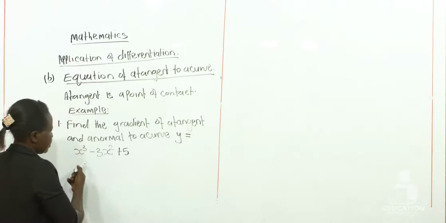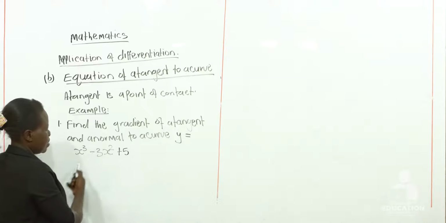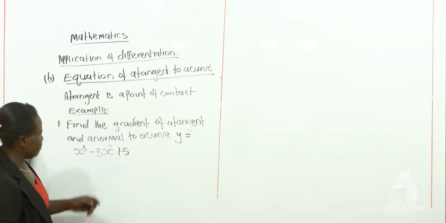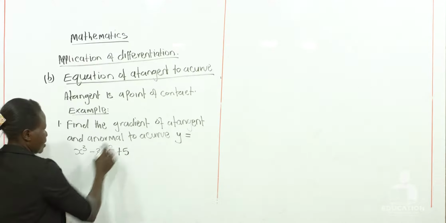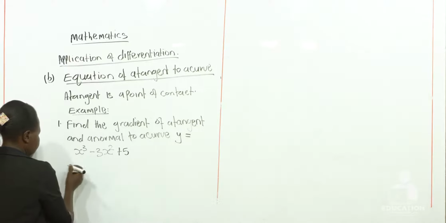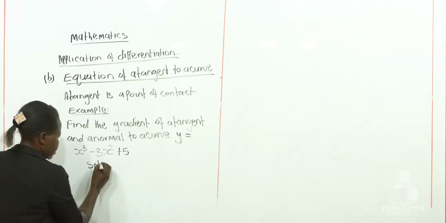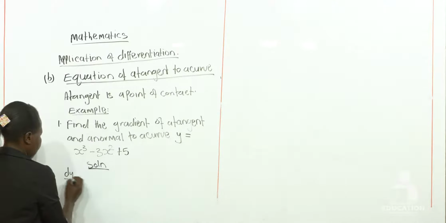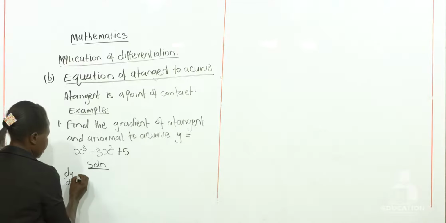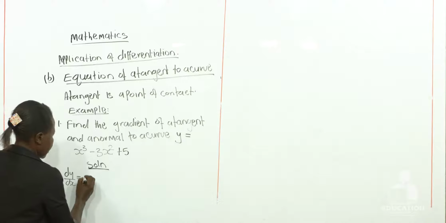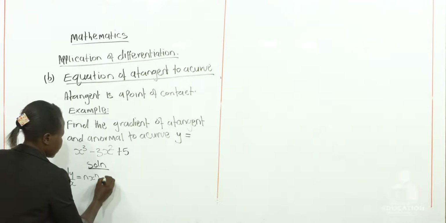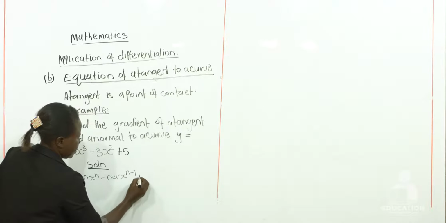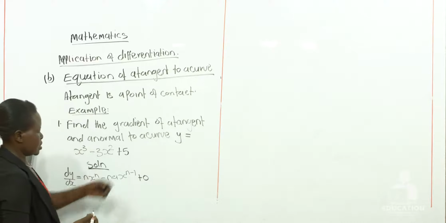So if we are asked to find the gradient of a function like this, you need to apply the formula of a gradient in differentiation, that is dy over dx. So you say dy over dx equals n x raised to n minus 1, and then plus 0, because this is a constant.